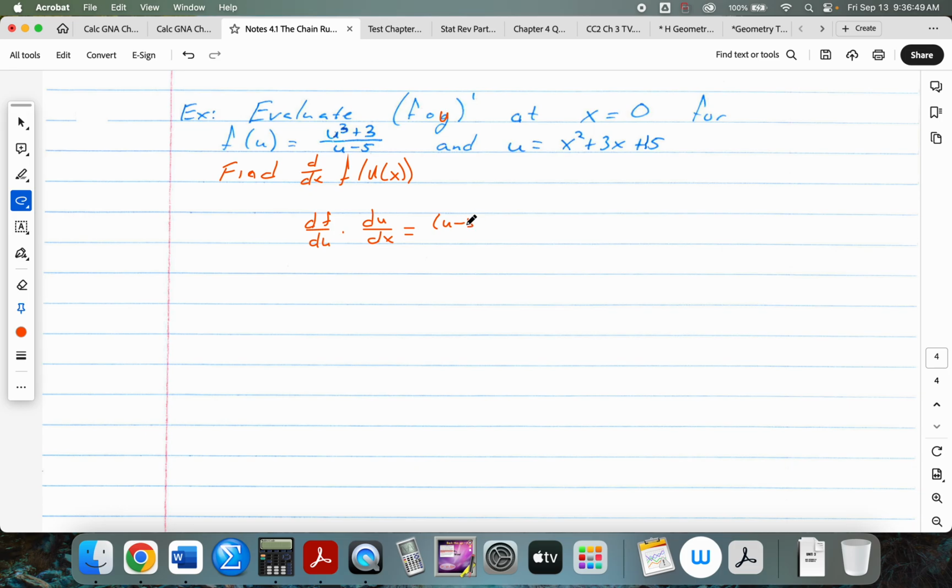So that'll be u minus 5 times the derivative of the numerator, 3u squared, minus the numerator, u cubed plus 3, times the derivative of the denominator, which is just 1, all over u minus 5 quantity squared, times the derivative of u with respect to x, which is just 2x plus 3.